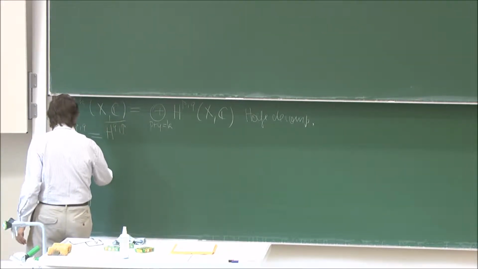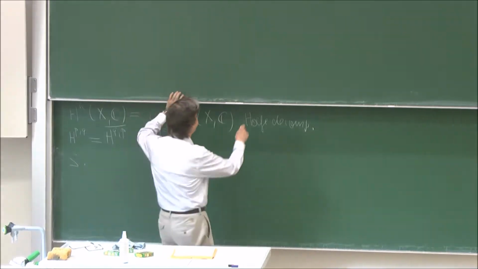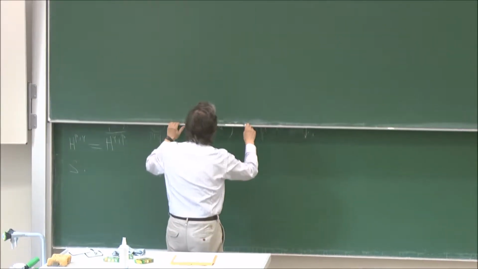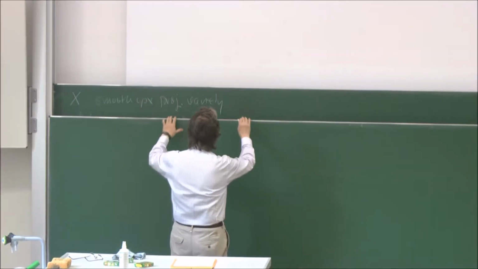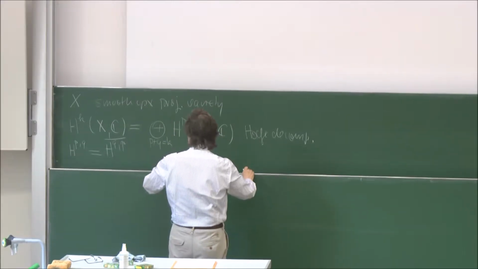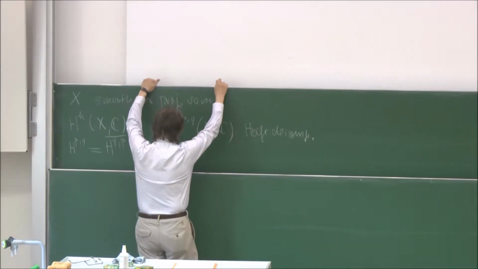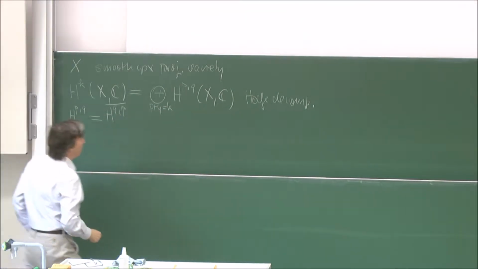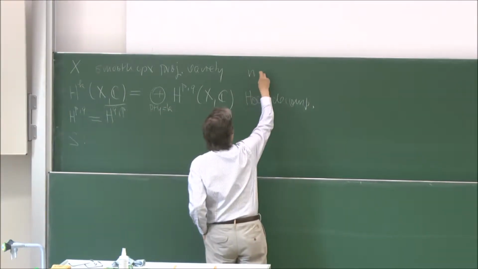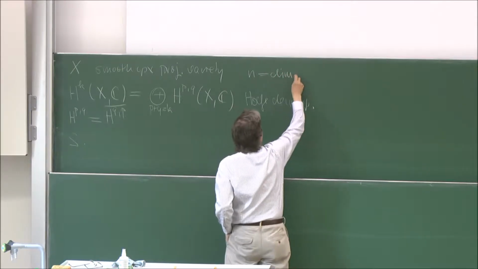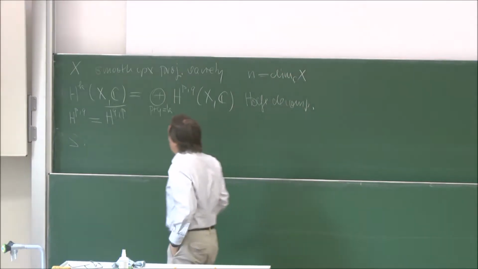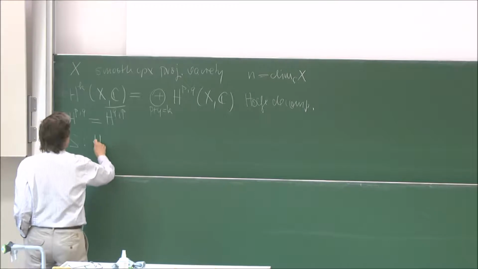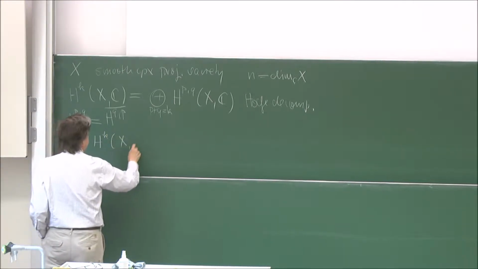Namely, I want to look at X. Yes. So I want to let n be the complex dimension. And then one has the intersection form.